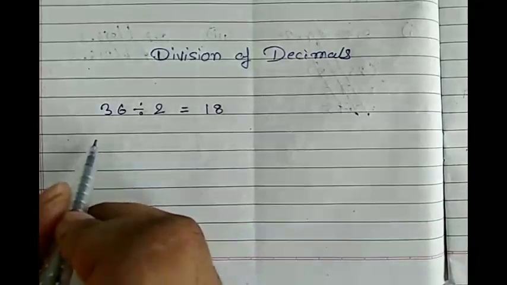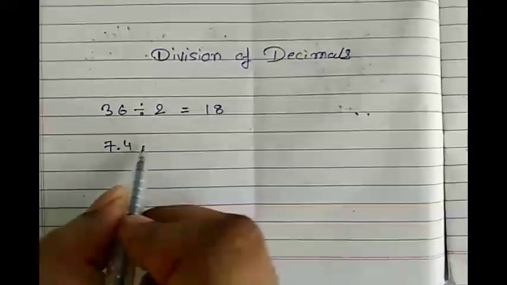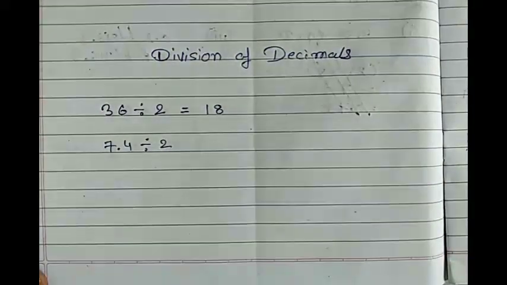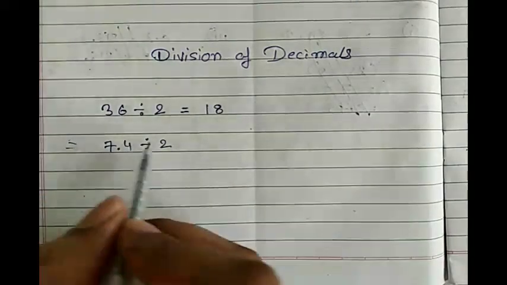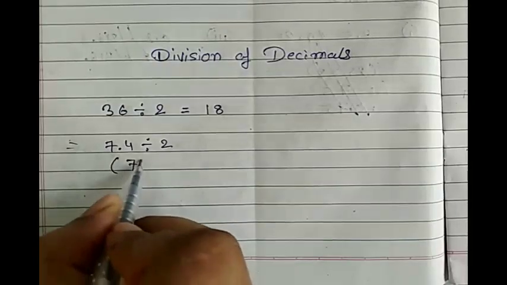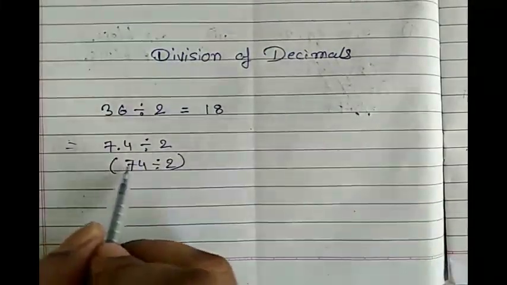Now let's take a number, 7.4 divided by 2. We have to find it out. So first thing, ignore the decimal. So when we ignore the decimal, we write 74 divided by 2. Now divide the number.